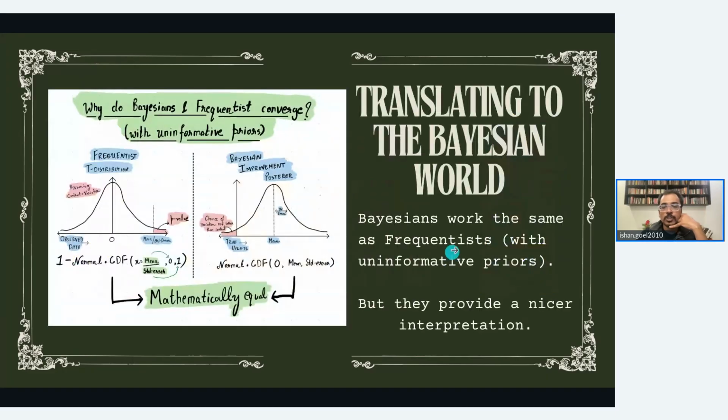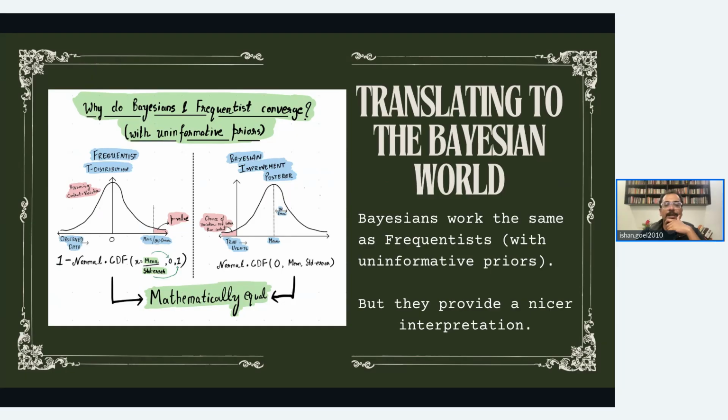Firstly, I want to share a bit about Bayesian and frequentist. What I've been sharing in previous webinars as well is that with an uninformative prior, Bayesians work the same as frequentists. I'm not going into the detail of this argument, and I'll share my Bayesian versus frequentist webinar with anyone who wants to see it.